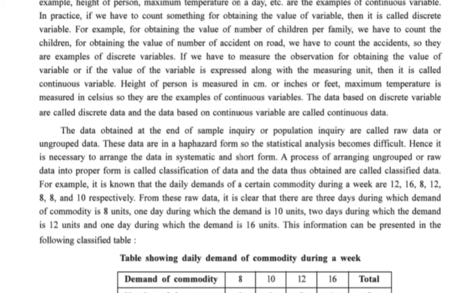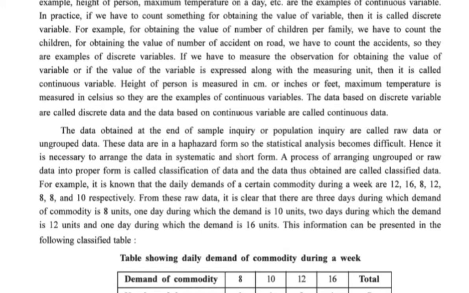Children, we had seen earlier in the last chapter what we mean by population inquiry and sample inquiry. Now, as it is the direct method to collect the information, you would find that whatever information we collect from the field for the first time, whether it is population inquiry or sample inquiry, such data are raw data.